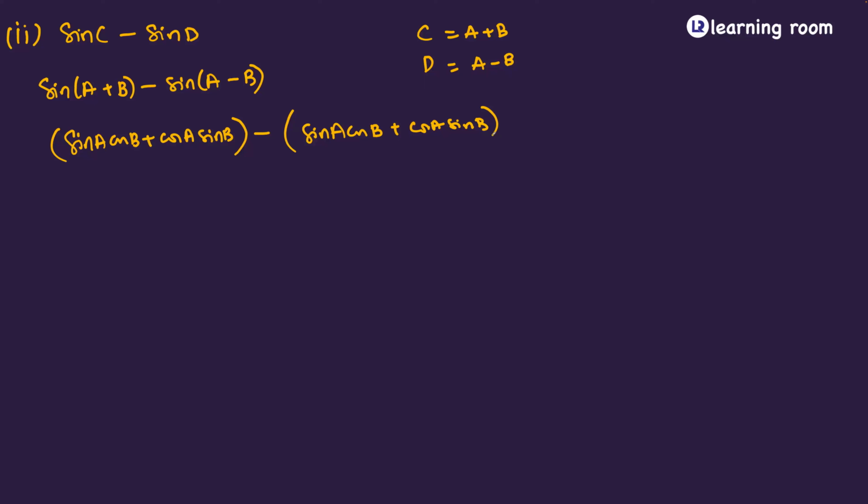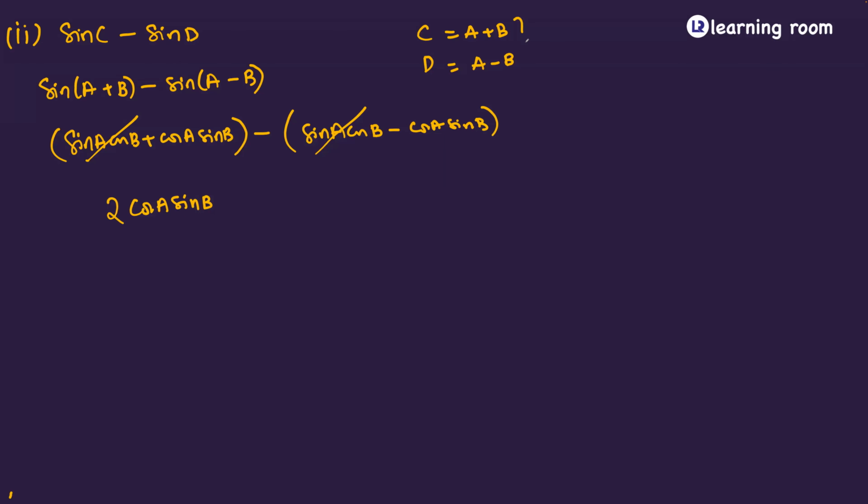Clear with this? So what will get cancelled? Sine a cos b and sine a cos b are gone. So you have a minus here, right? What are you left with? You will have cos a sine b, minus of minus is plus. So you have 2 cos a sine b, right?